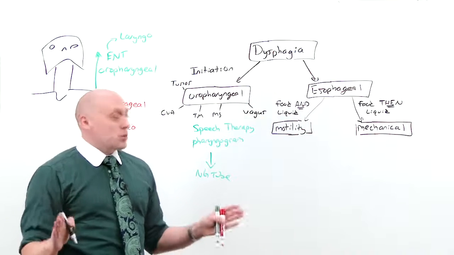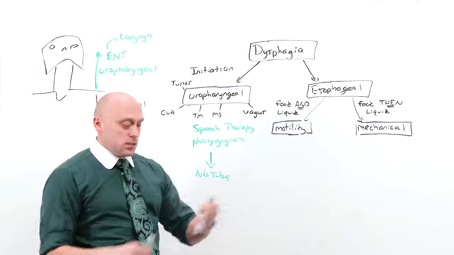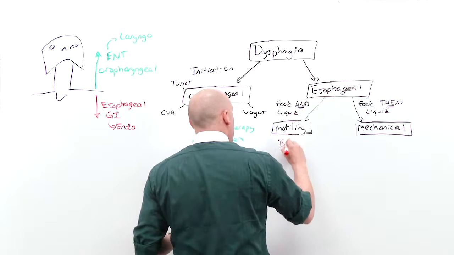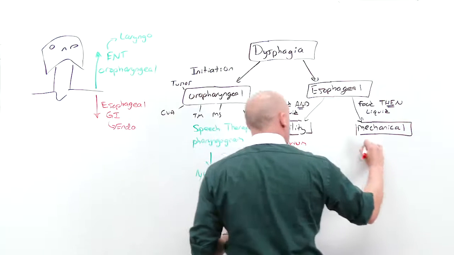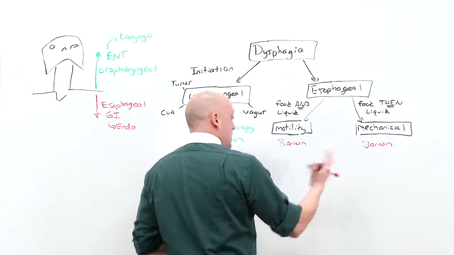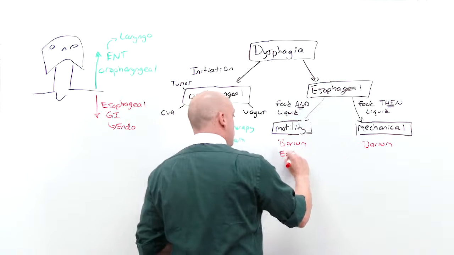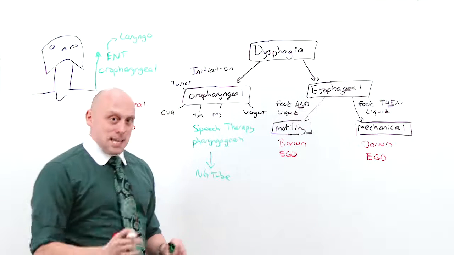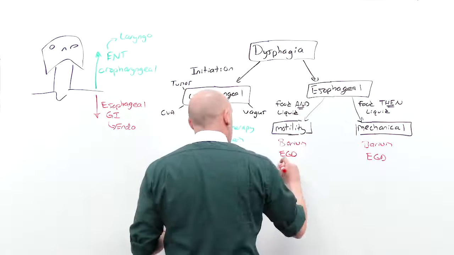And here's why I don't really think it's necessary to put in a bunch of diagnoses. The next step for both is to do a barium swallow. Because the next step after that is an EGD. Now technically, if you're taking an exam, the next step for motility would be manometry.